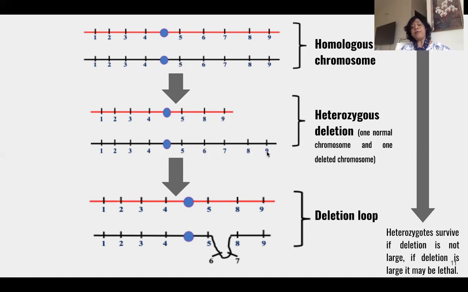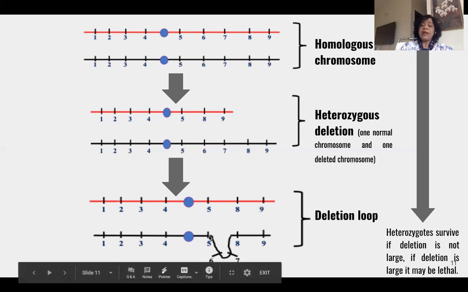So it has to match at the time of synapsis. So what happens? To match each other, the portion between 5 and 8 in the normal chromosome forms a loop-like structure, and in this loop-like structure, the genes 6 and 7 are present.